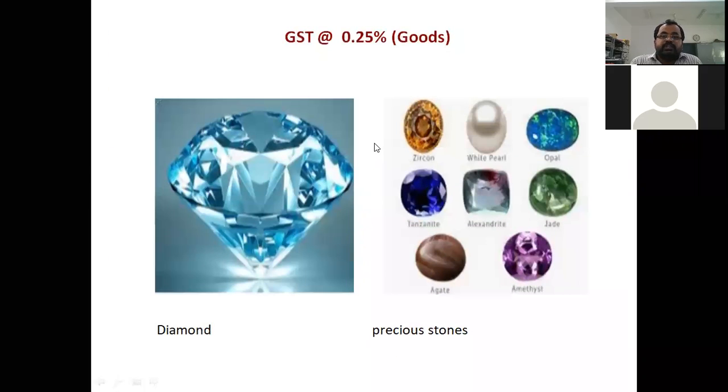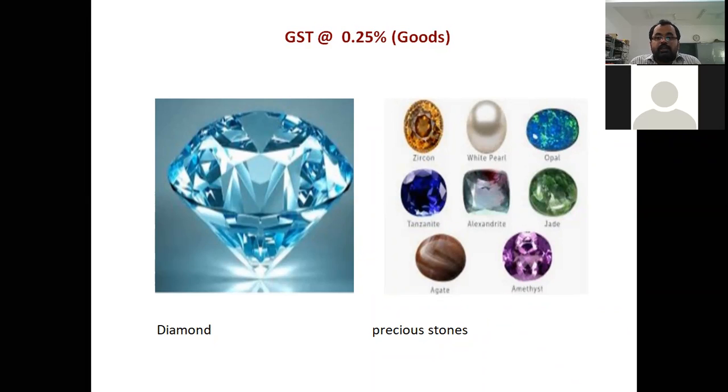Now, GST at 0.25%. It is especially relating to goods. 0.25% doesn't appear in services. It only appears on goods like diamonds and precious stones. These are also called unworked stones.